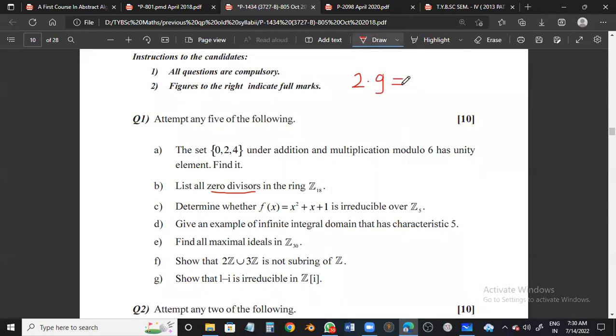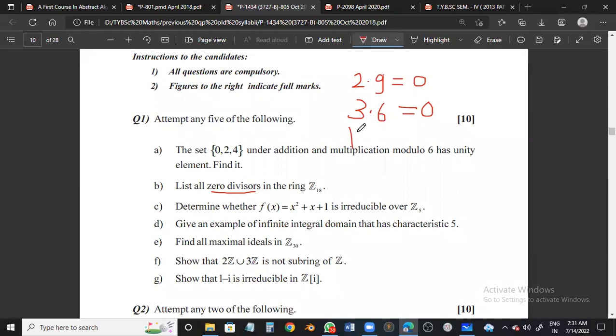How much? Zero. Yes, it has to be 0. 3 into 6 also. Zero. Yes. Anything else? Any other element which produces a 0? 18 into 1.